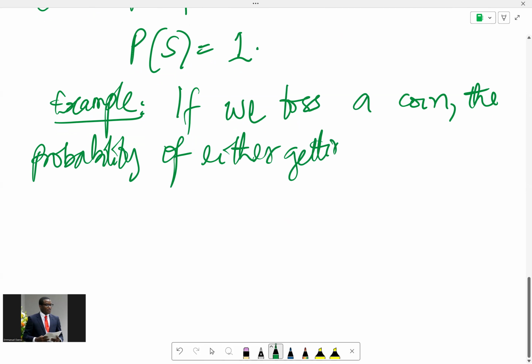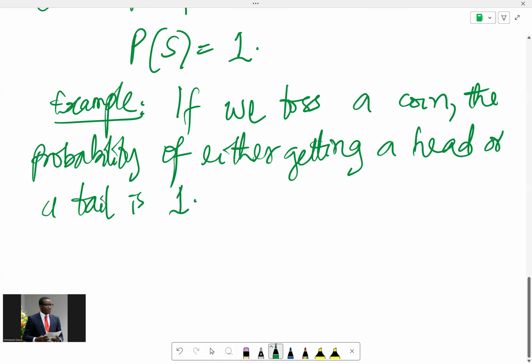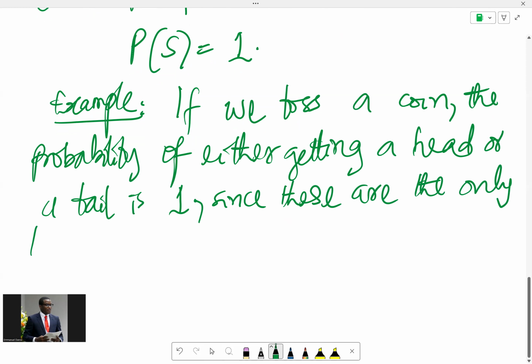Example, if we toss a coin, the probability of either getting a head or a tail is 1. So the probability of getting a head plus the probability of getting a tail is 1, since these are the only two possible outcomes.